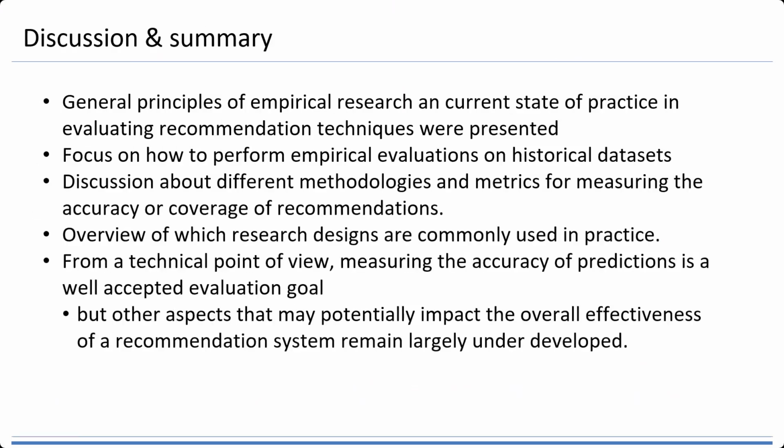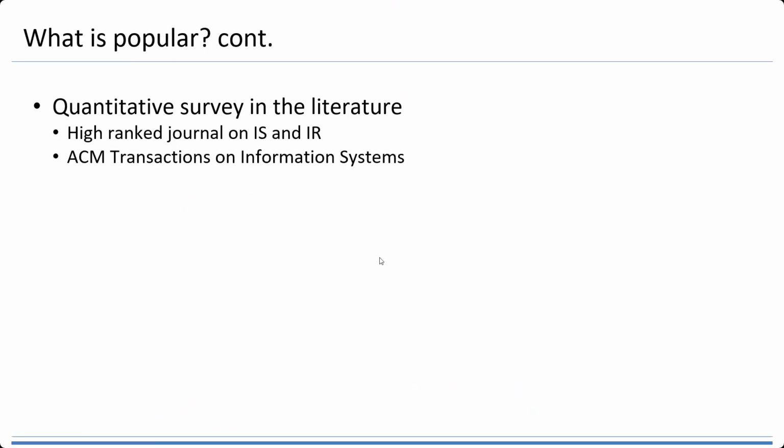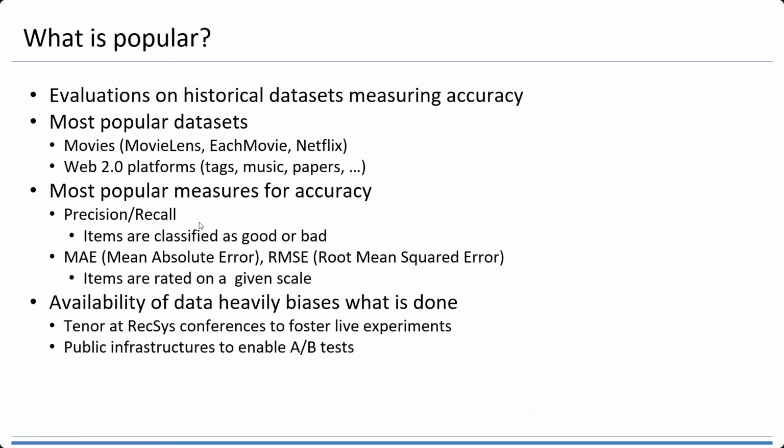You learned about the general principles of how we can measure recommendation techniques. The remaining part is not that important as long as you understand precision, recall, MAE, RMSE, and the possible metrics for recommendation systems. Okay, I will stop.